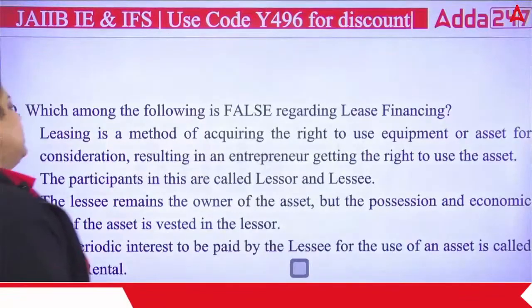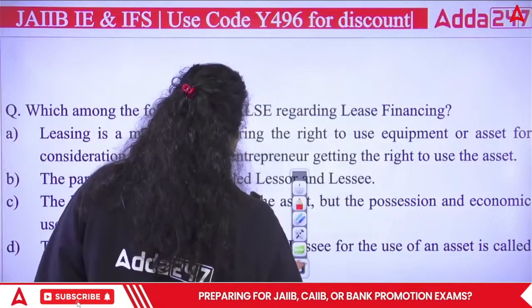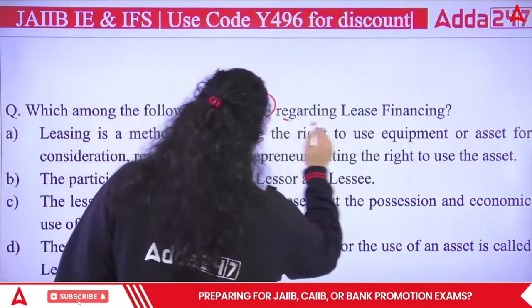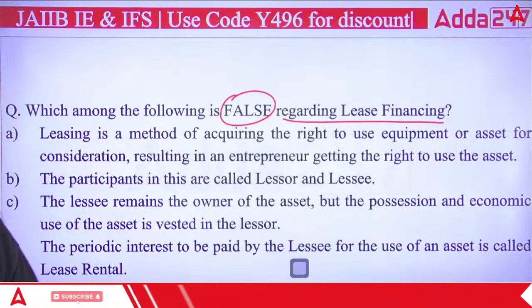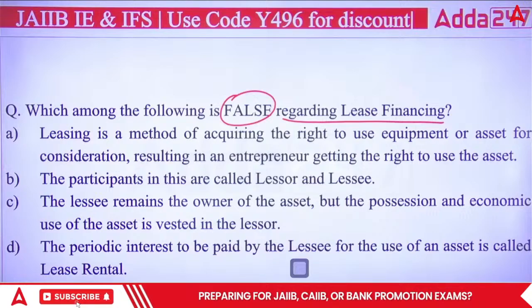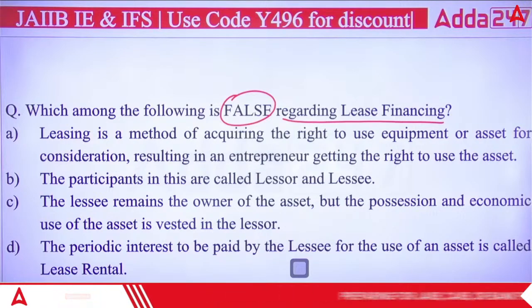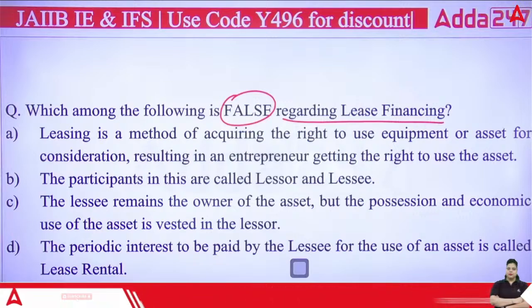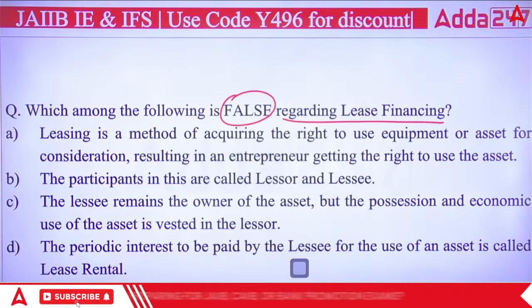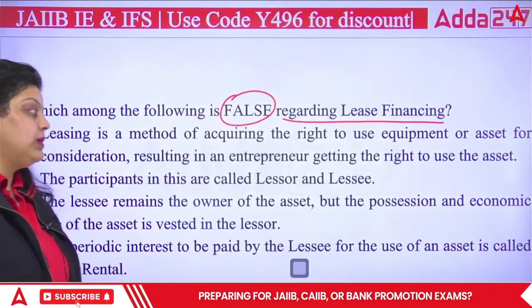Next. Which among the following is false regarding lease financing? The false statement regarding lease financing. First is saying leasing is a method of acquiring the right to use equipment or an asset for consideration, resulting in an entrepreneur getting the right to use the asset. Second, the participants in this contract are called the lessor and lessee.